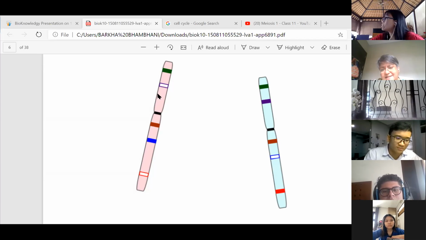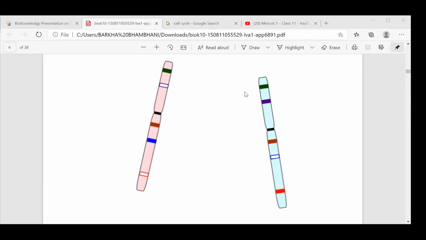Okay. So there are a set of chromosomes which you can see on your screen, which has got one maternal and one paternal chromosome. These are homologous chromosomes. When it will form a sister chromatid with it, which will be called a tetrad. Again, a set of one parent, this maternal chromosome and a paternal chromosome are homologous chromosomes.